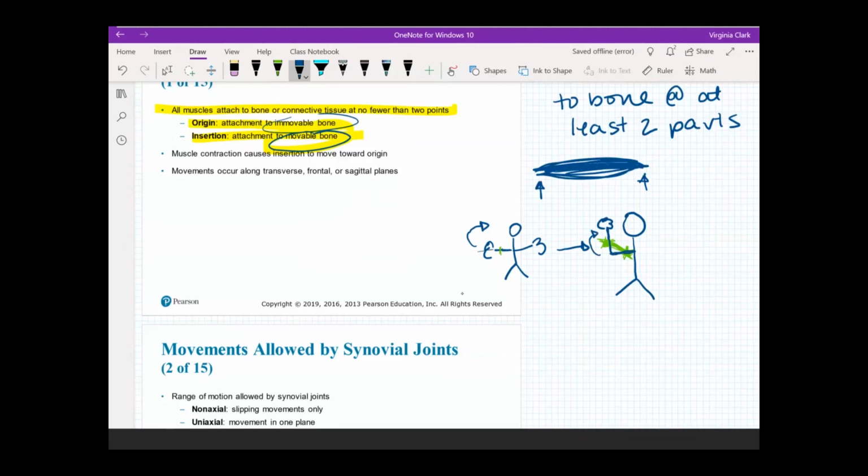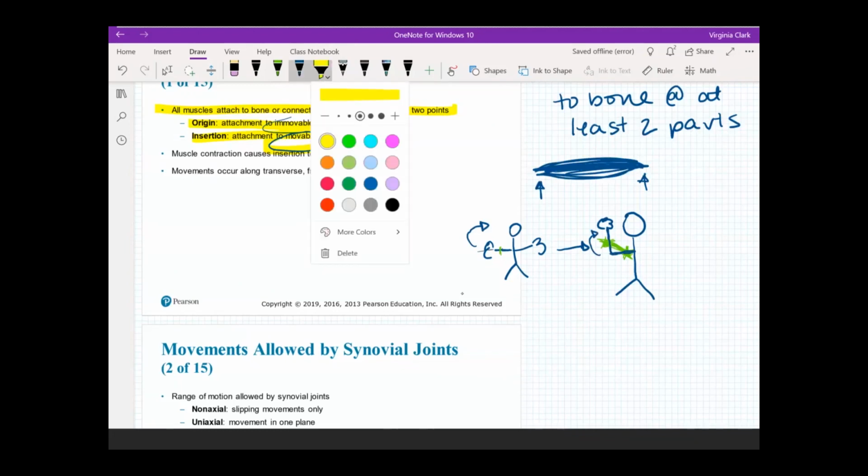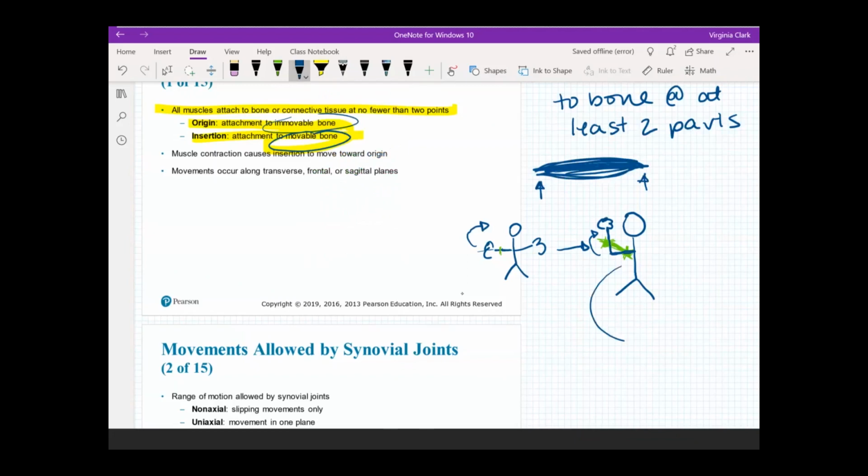Which one is making the action in the skeleton, and which muscle is attached to the bone that has made that action move. So that means right here, looking at this lovely little 4-year-old who's just flexed his arm, this right here is the immovable arm. So that means this is the origin, a connection of that muscle. This right here moved.